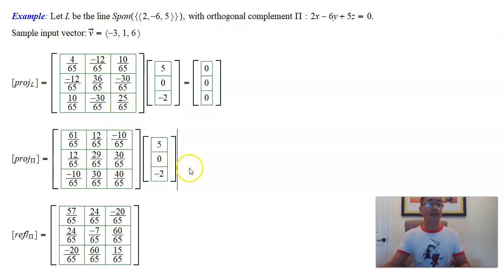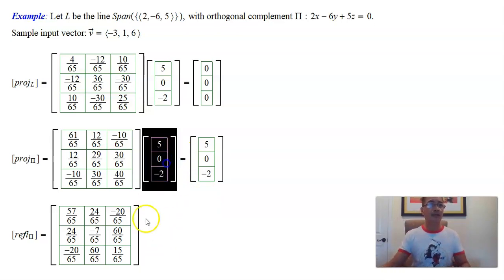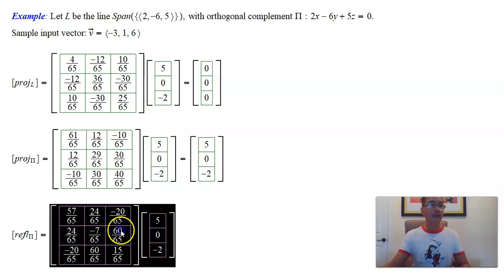What if we project the same vector on the plane? It's already on the plane. So what happens? You get exactly the same vector, right? What if you reflect it across the plane? Okay, so that was the pen on the mirror analogy.